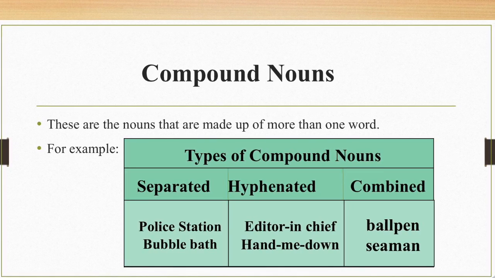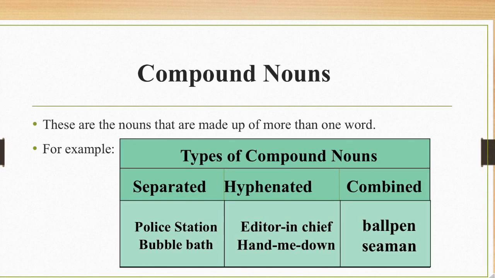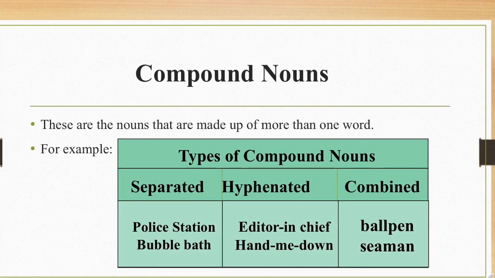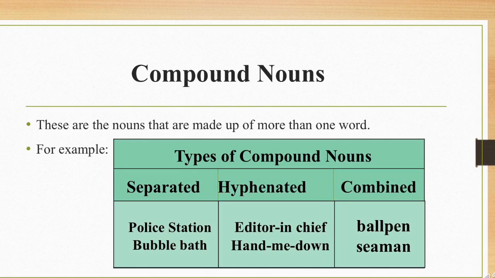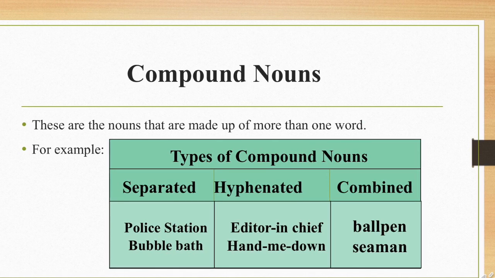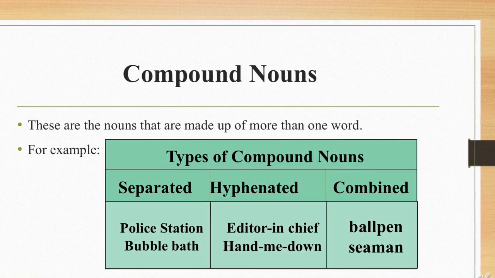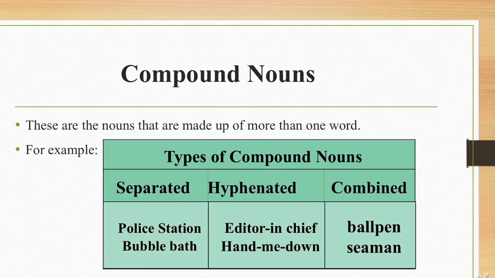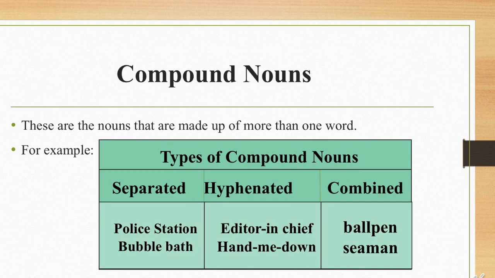In separated nouns, you have 2 words. Hyphenated has its own hyphen, and the combined should be 2 words combined. For example, police station, bubble bath. In hyphenated, we have editor-in-chief, hand-me-down, ballpen, seaman.